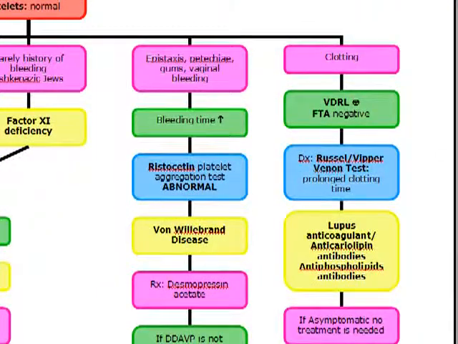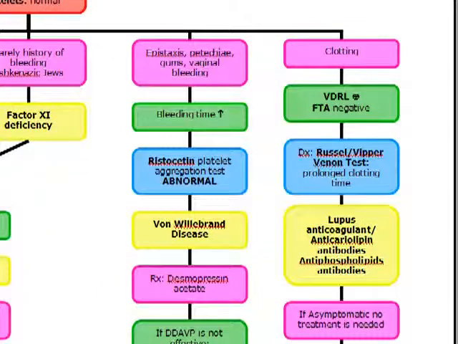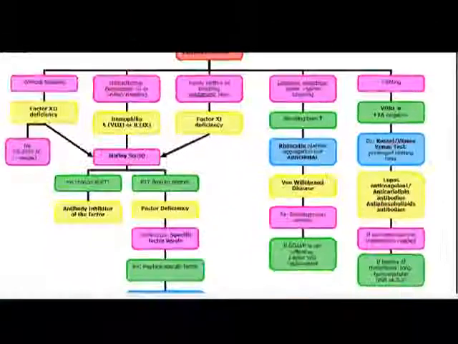And basically you're going to see a prolonged clotting time, and if the patient is asymptomatic, there's no treatment that's necessary. And if there's a history of thrombosis, you're going to do long-term warfarin.